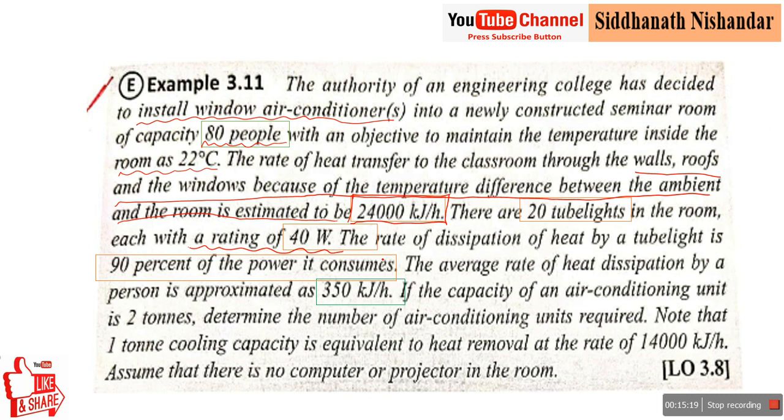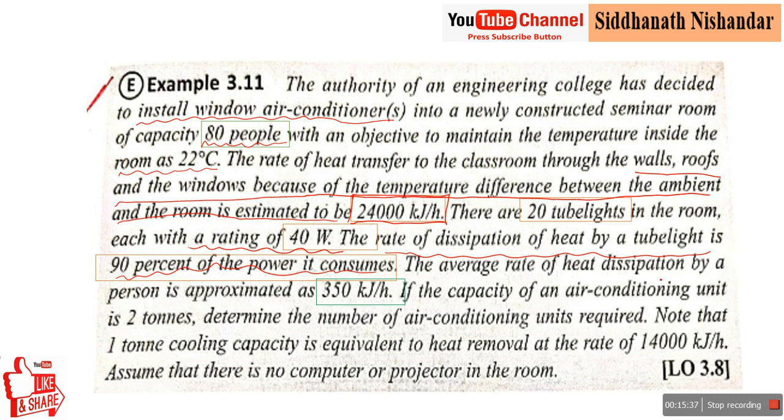The rate of heat dissipation by the tube light is 90% of the power it consumes, so the heat rejected by the tubes is given by this relation.